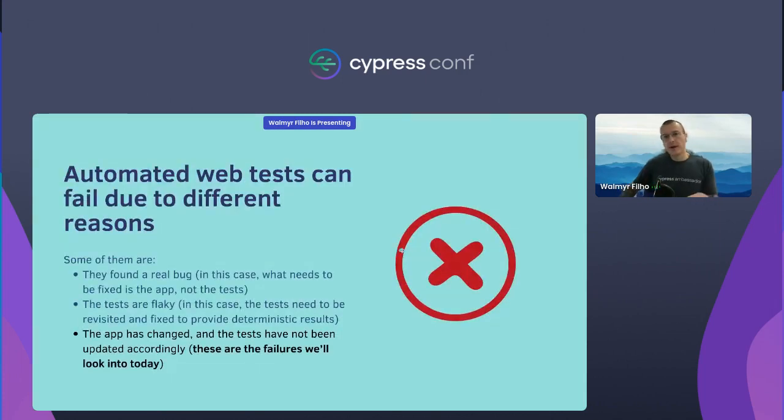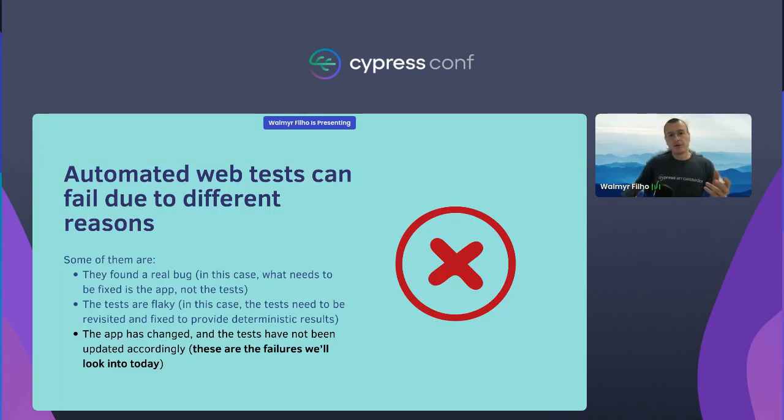Automated web tests can fail for different reasons. I couldn't think of a long list, but some of them are that they found a real bug, and in such a case, you don't need to fix the tests. What needs to be fixed is the application, because the tests actually found a real bug.